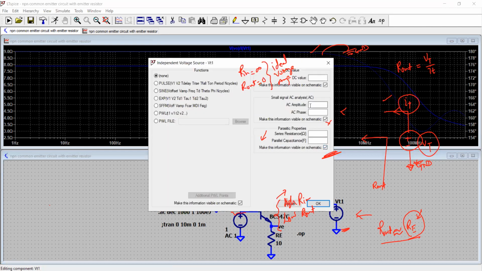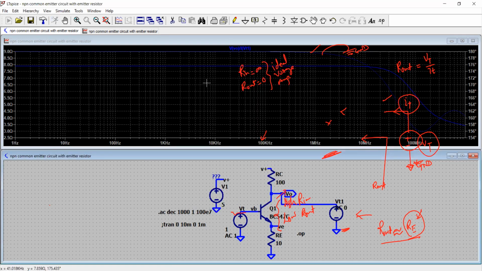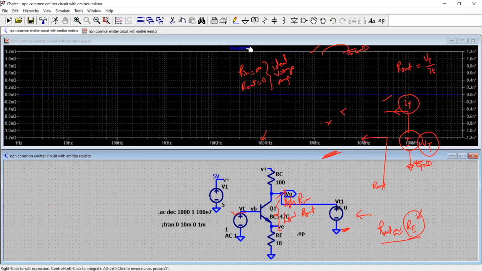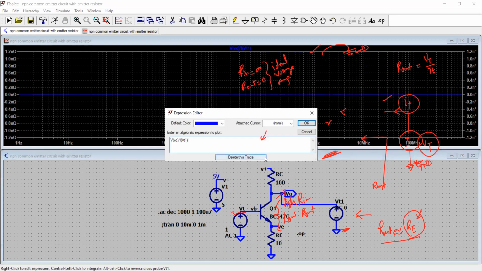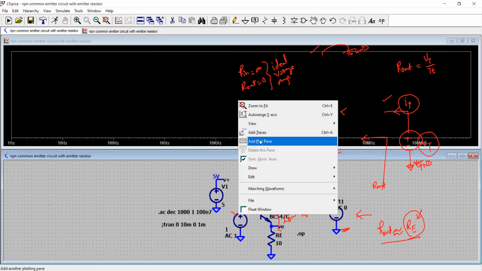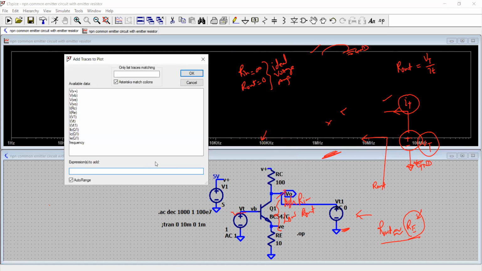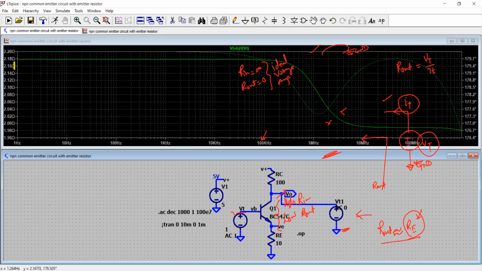Okay, so this is, let's say 0. You don't have a source there, and now of course your output impedance is 0. And now you can actually address and say VB divided by the current flowing through the VT, due to VT. And look at this, 2.81 ohm.